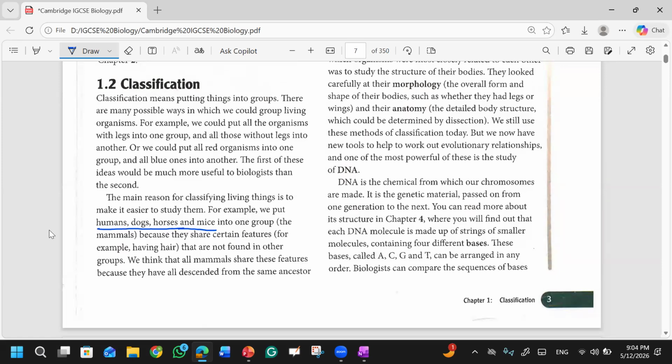Then they inferred a new hypothesis. They thought that now we have categorized them into one group on the basis of their similarities, so there must be some common ancestor. There must be some common point, because whenever you have two or three similar things, it comes into your mind that there will be a common origin for those things, right?